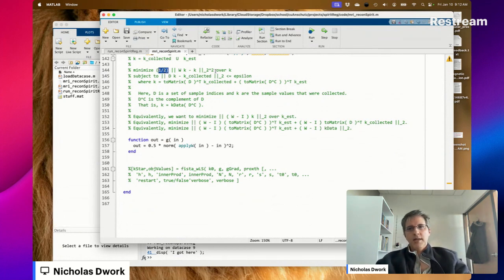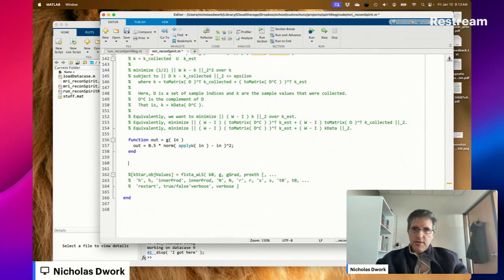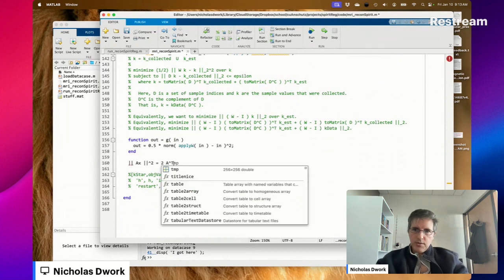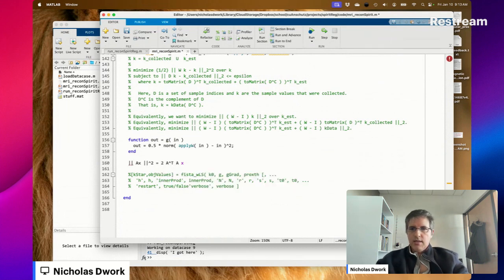Well, we're going to take the gradient of this. The derivative of Ax squared is 2 times A transpose Ax. If I multiply by a half on the left, then I don't have the scaling by 2 on the right. That's why I did that.